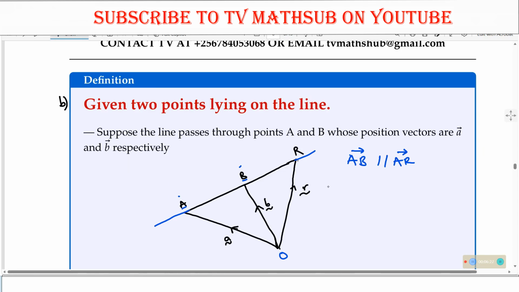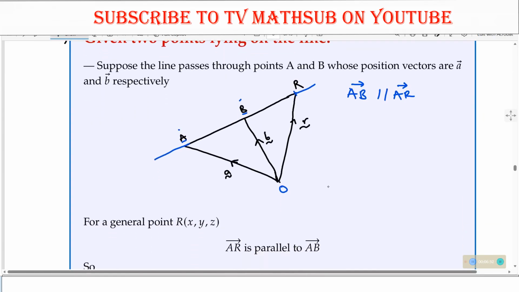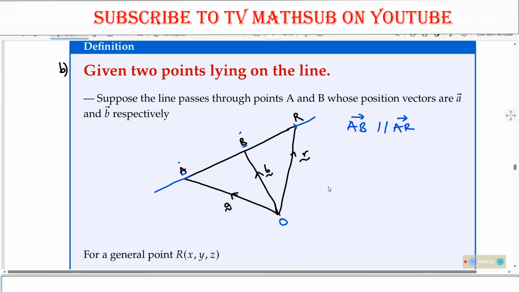Then we also have this point here, which is a general point, that is point R, with the position vector R. Now, I want us to look at these two vectors, that is vector AB and vector AR. As you can see, they are in the same direction. So it means vector AB and vector AR are parallel vectors, because after all, they are lying on the same line.